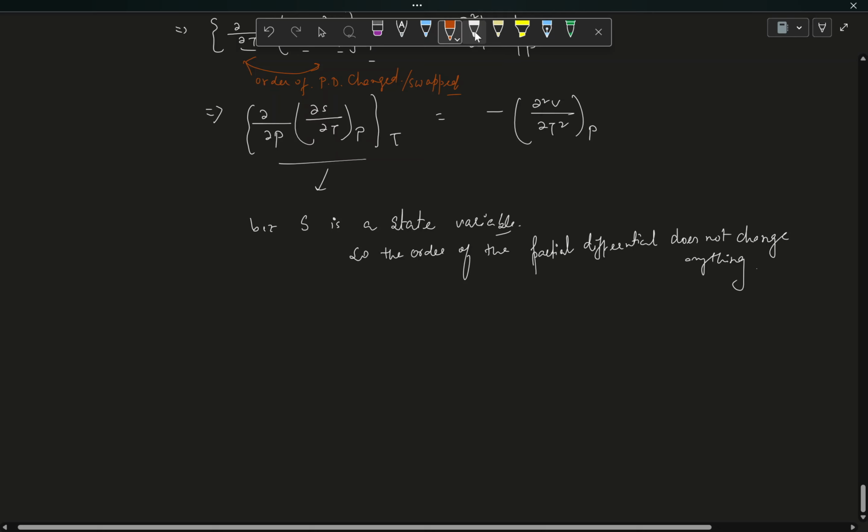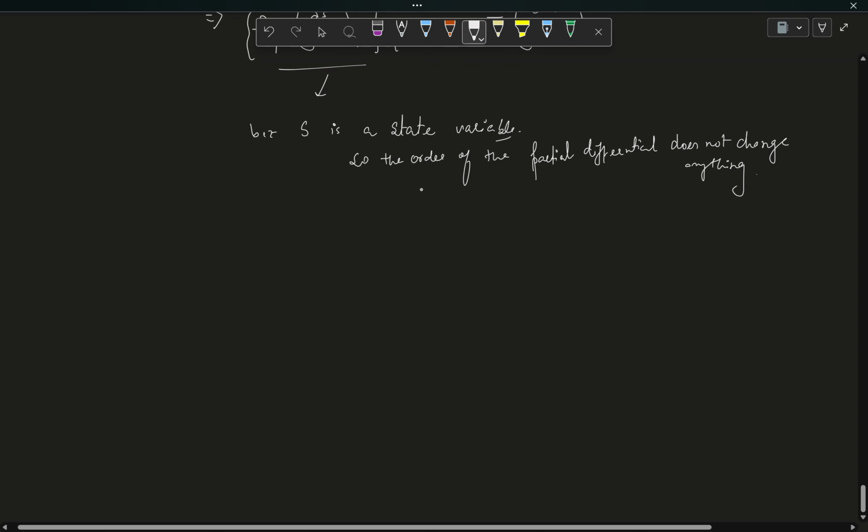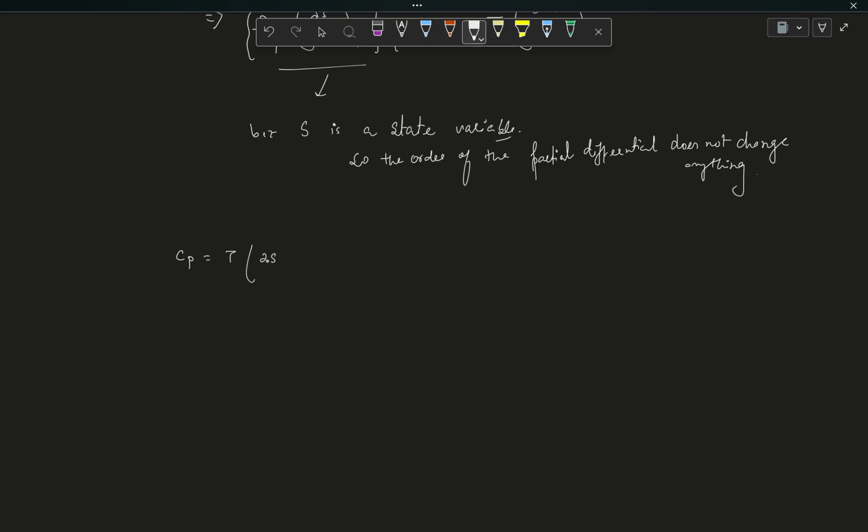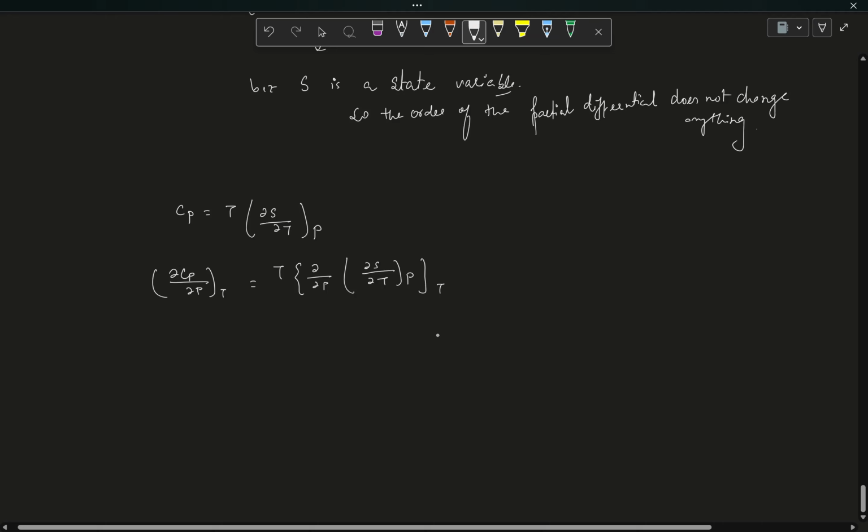So now once you have that, you know Cp is T del S del T at P constant. Then what is del Cp by del P at T constant? This is just T del P of del S del T at P constant, at T constant.